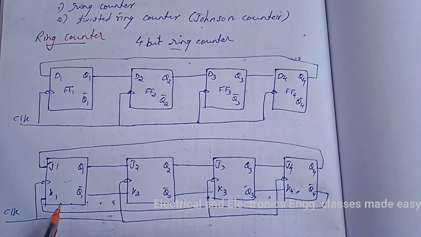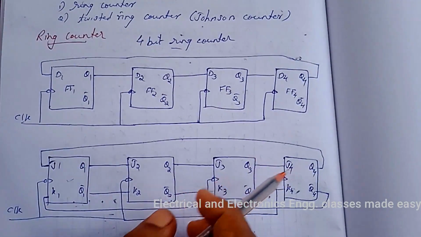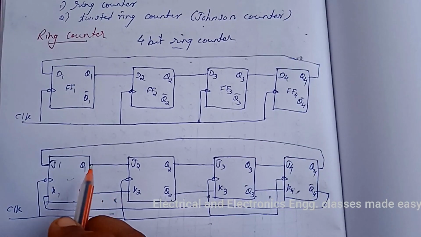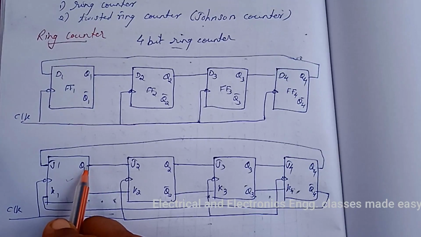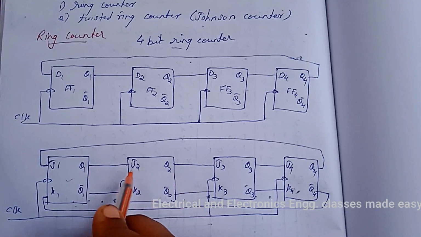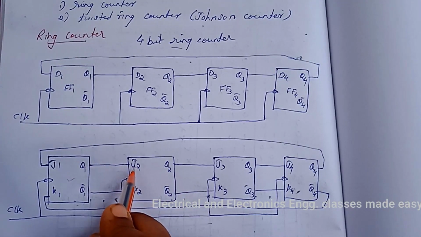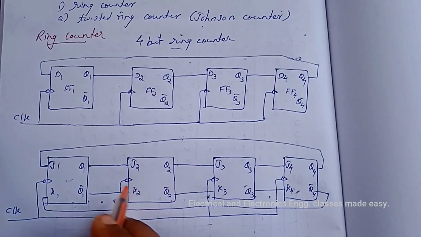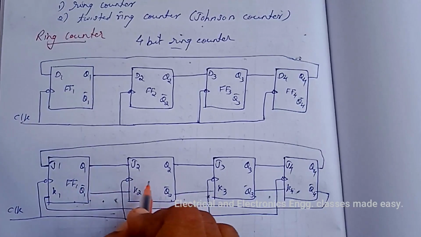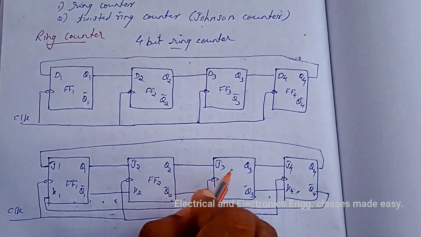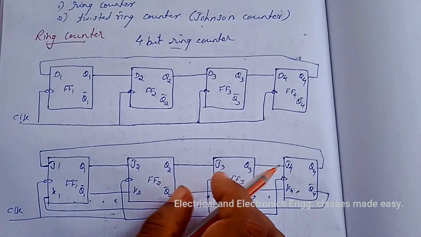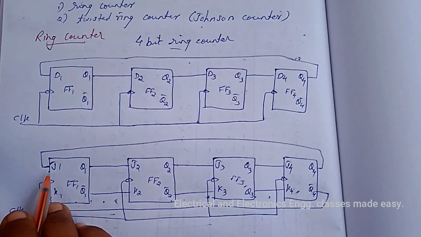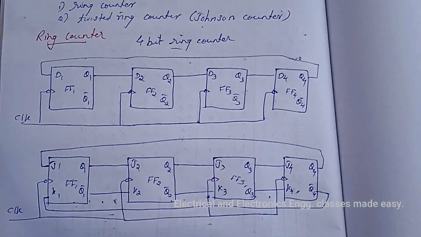Similarly for JK flip-flop, the Q output of each flip-flop is given to the J input, and the Q bar output of each flip-flop is given to the K input of each flip-flop, and the last output is fed back to the JK inputs.